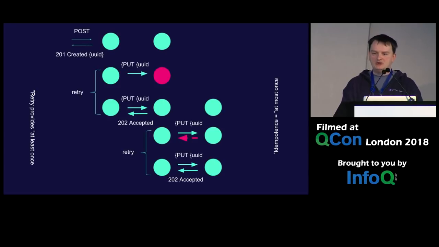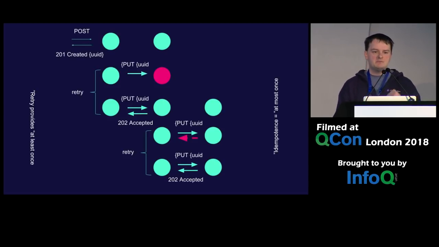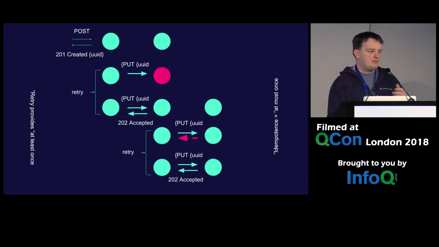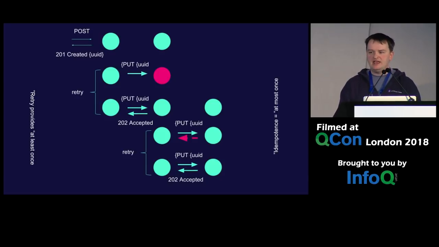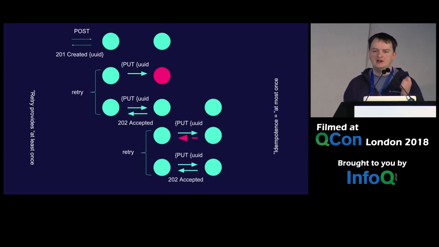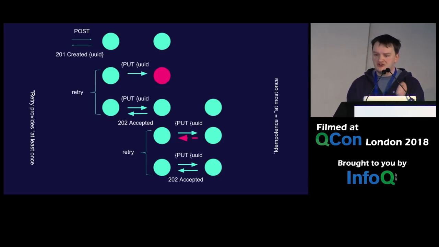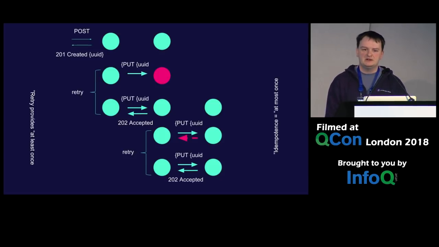What about the at most once? Here, payment makes the call to bank. When payment makes the call to bank, it assigns that call a UID, a unique identifier of some sort, to identify the request. And it says, here you go, bank, here is my request, and here is the unique identifier associated with that request.